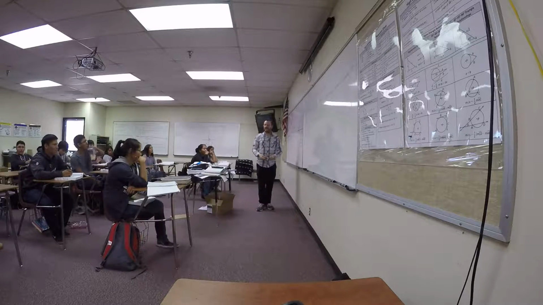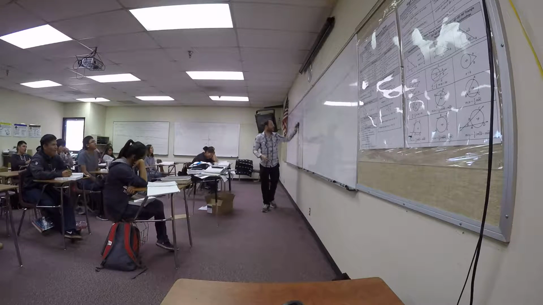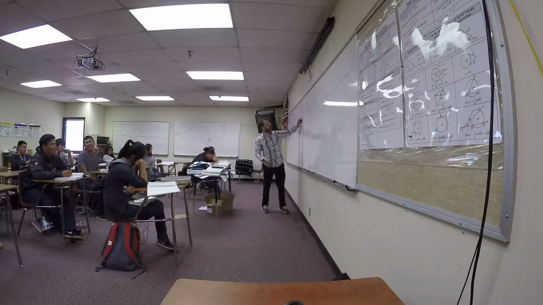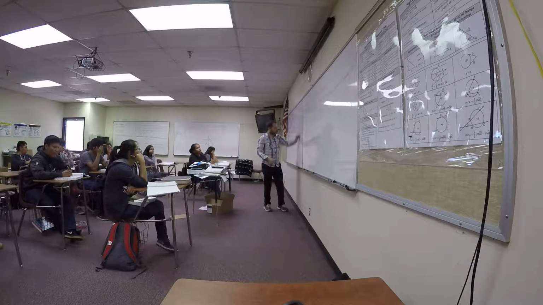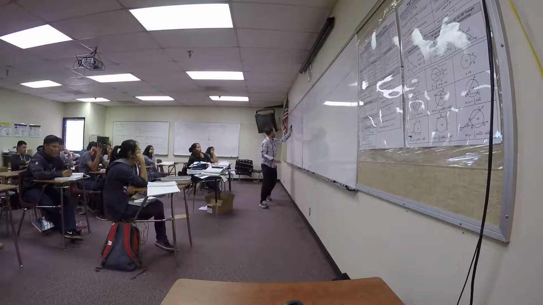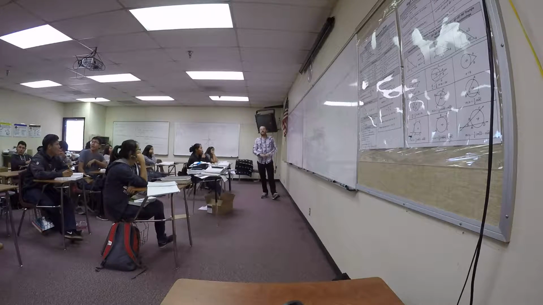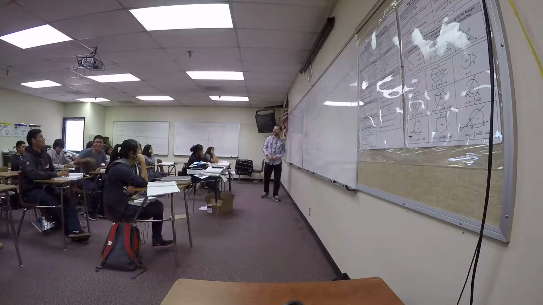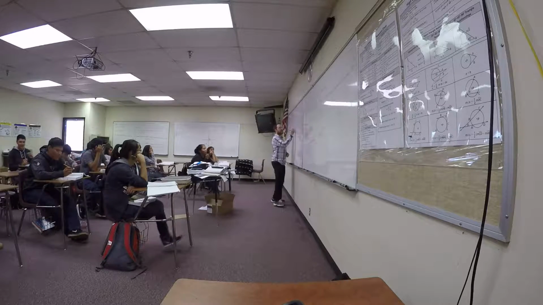Okay, well, let's just say pi over 4 degrees. Pi over 4 is 90 degrees. No, it's not. I'm sorry, it's 45 degrees.